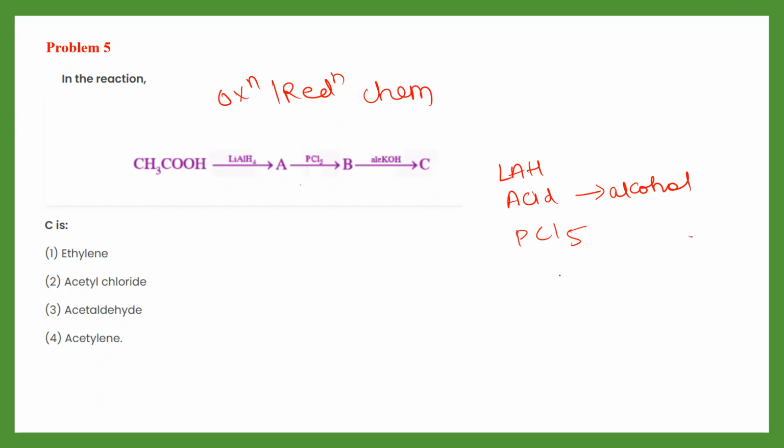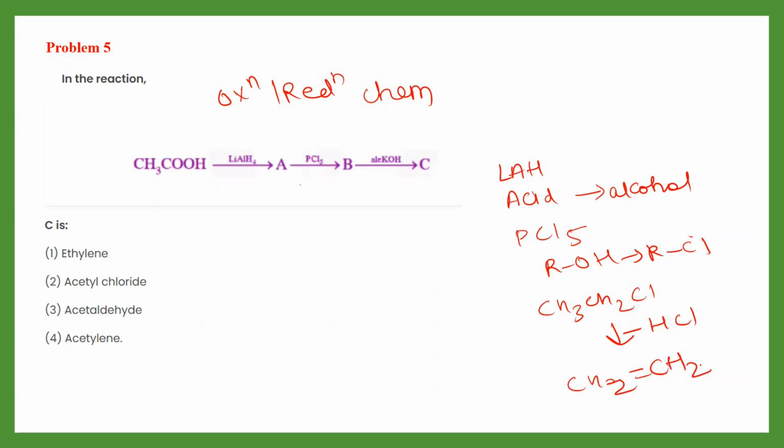PCl5 is a chlorinating agent, going to convert your alcohol to alkyl chloride by substitution. And you very well know that alcoholic KOH is going to eliminate your HCl and will form olefin.